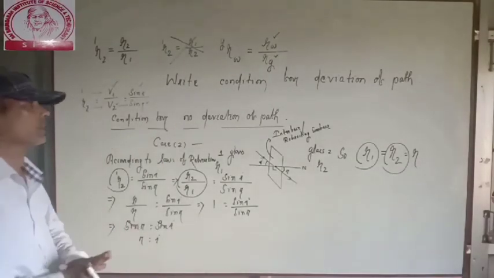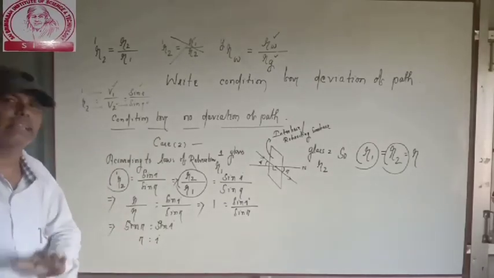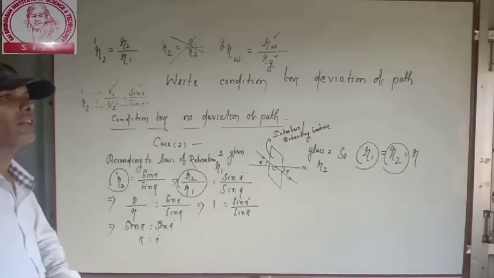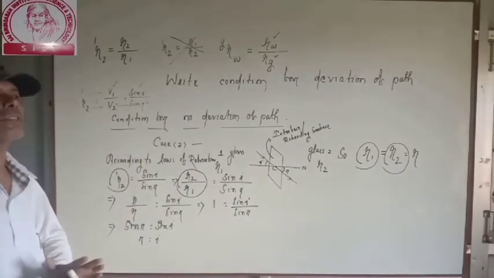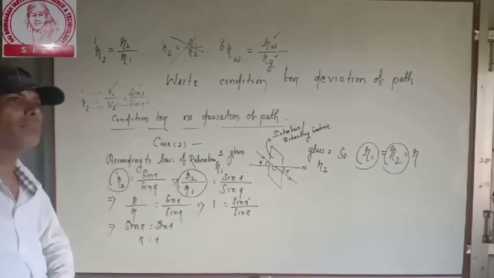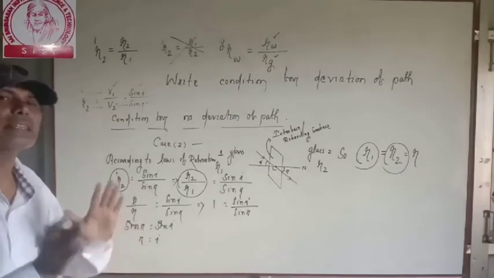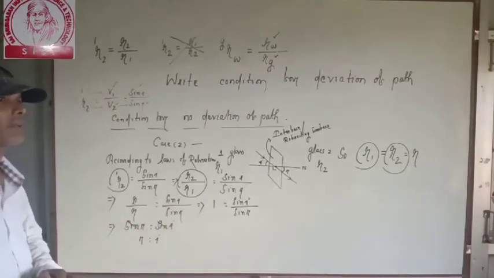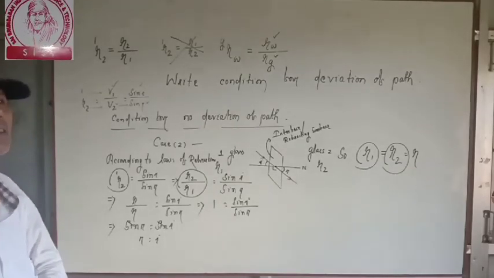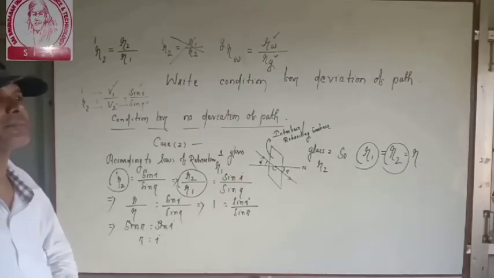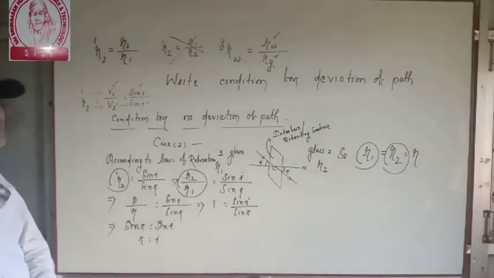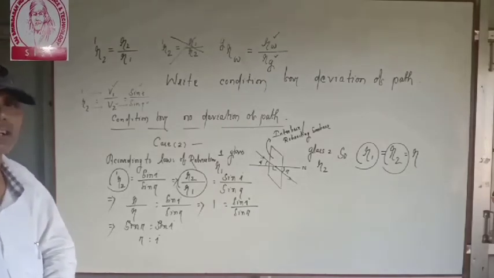Second case, there is also no deviation of path when both the mediums are made up of the same substance, same material, and the material must be conducive, favorable for the propagation of light.